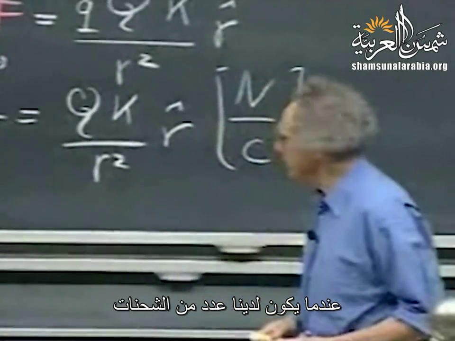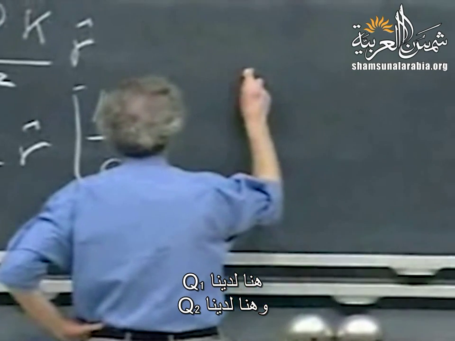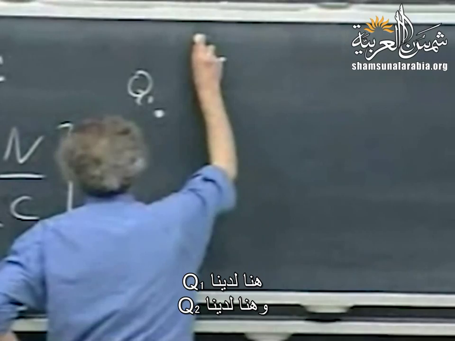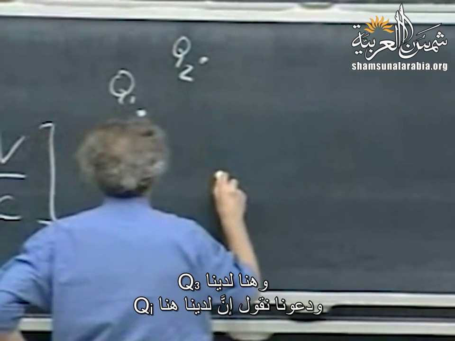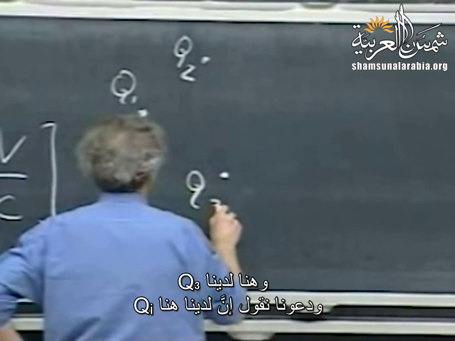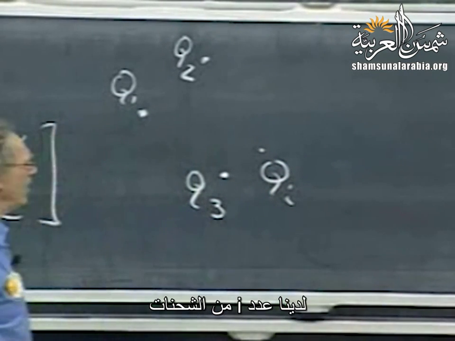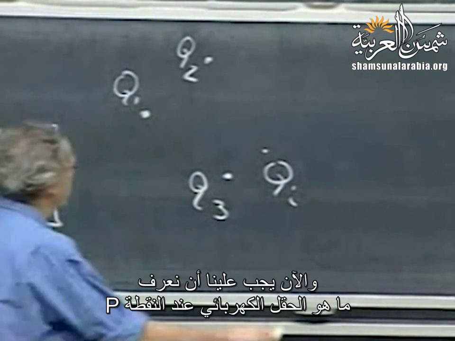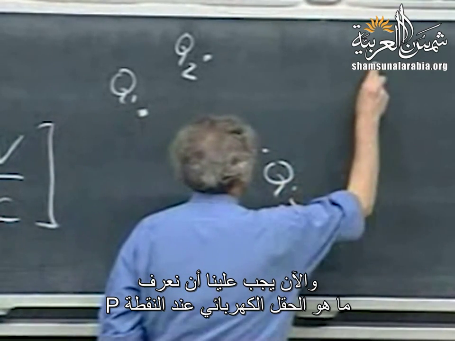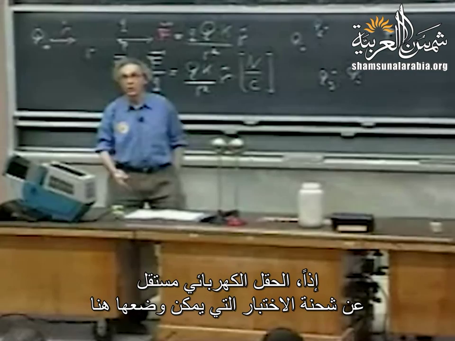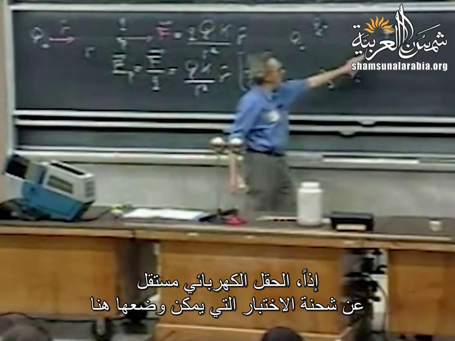Well, if we have several charges, here we have Q1, and here we have Q2, and here we have Q3, and let's say here we have Q of i, we have i charges. And now we want to know what is the electric field at point P. So it's independent of the test charge that I put here.